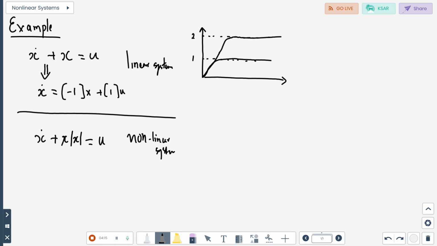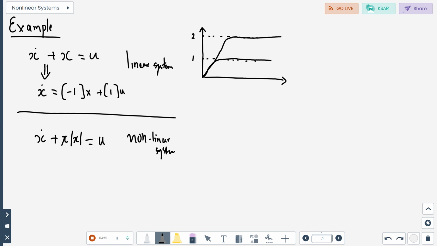This x dot plus x square equal to 0 is actually the governing equation of an underwater vehicle system, representing the drag of the system. While we apply the thrust u, x square represents the drag, where x is the velocity. So this is a nonlinear differential equation, and we want to see how the system behaves differently.